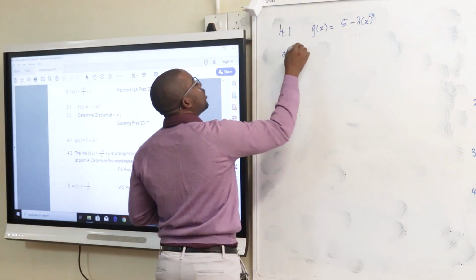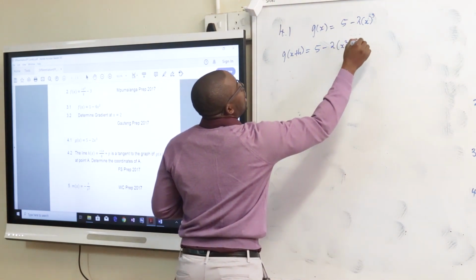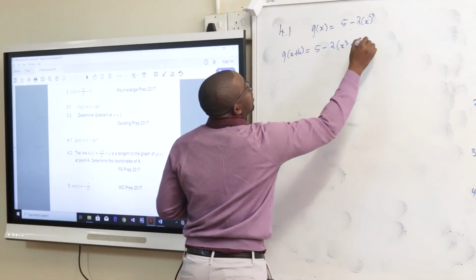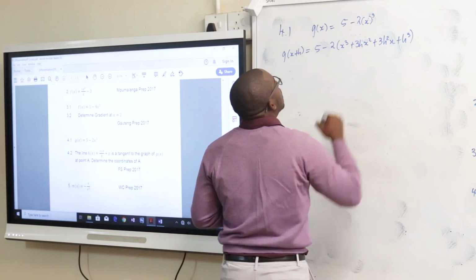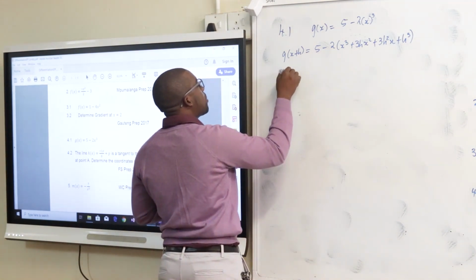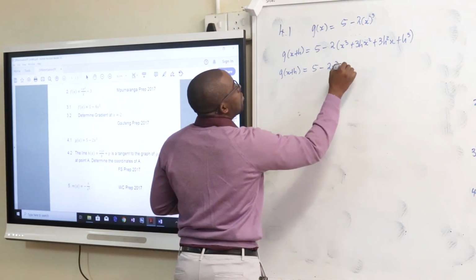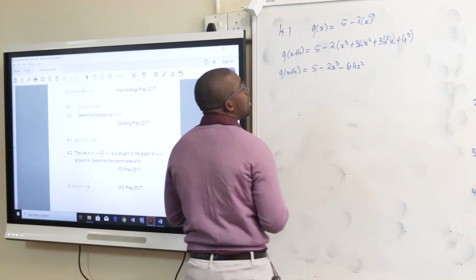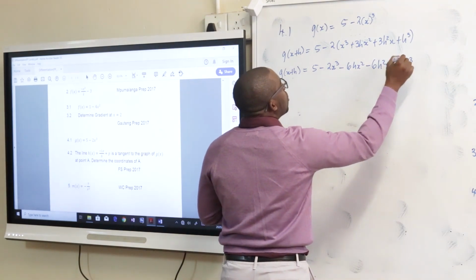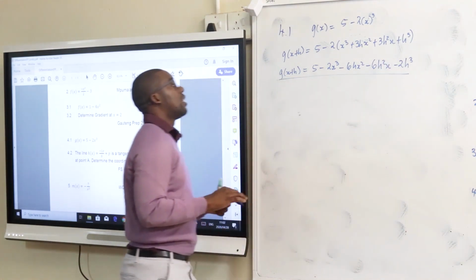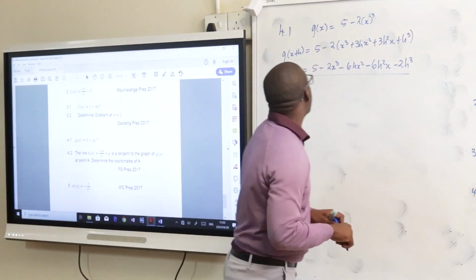G of x plus h is equals to 5 minus 2 times (x plus h) cubed. G of x plus h is equals to 5 minus 2x cubed minus 6hx squared minus 6h squared x minus 2h cubed. This is g of x plus h. That's step number 1, use of functional substitution.